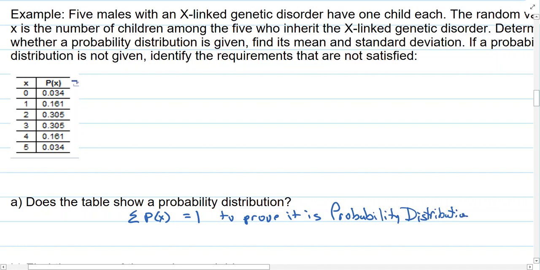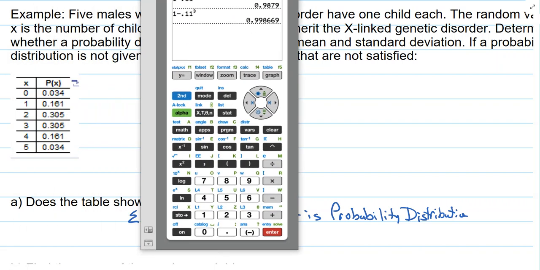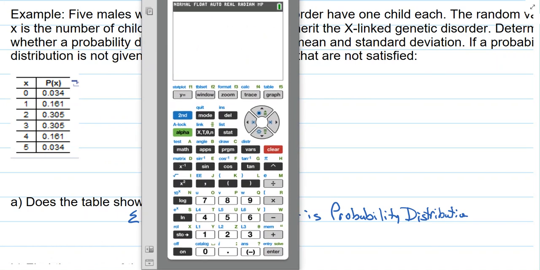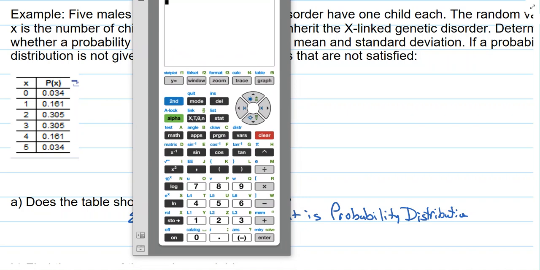So we're going to add them. My calculator, I'm going to clear everything. Make sure you can see it.